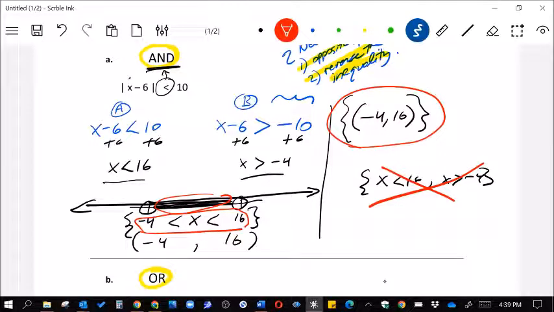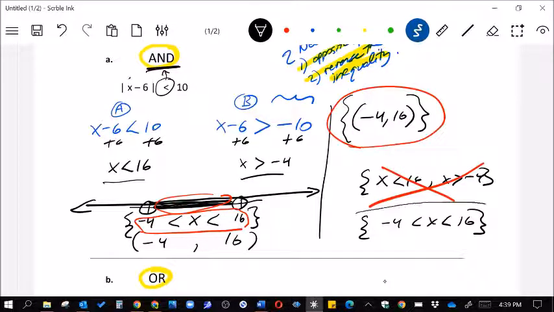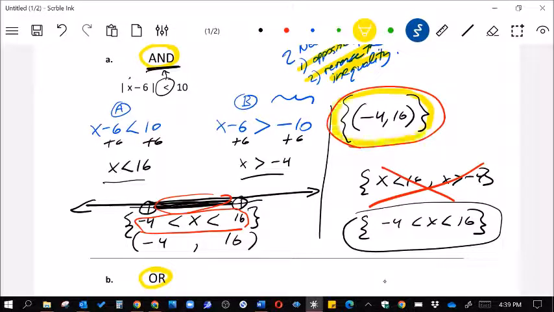If you're not told any different, you can write it as negative 4 less than x less than 16, and that would also be acceptable unless you're told to put it in interval notation, which I want you to do pretty much unless you're told not to.